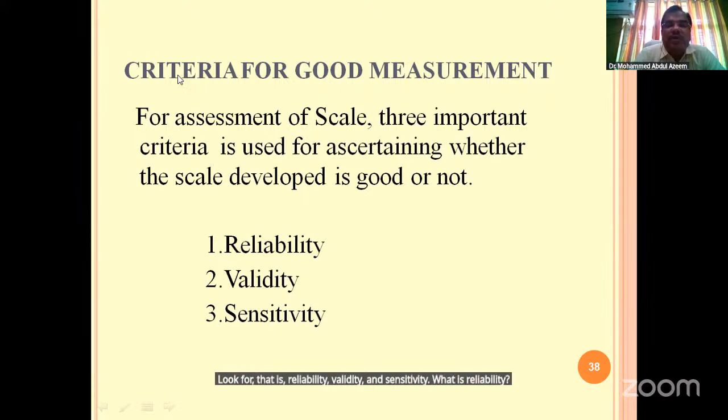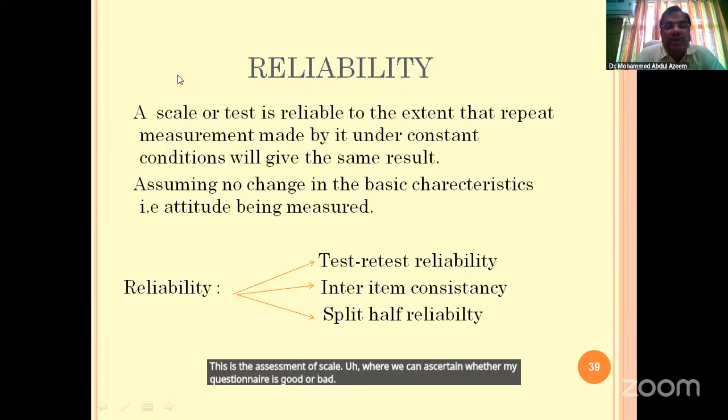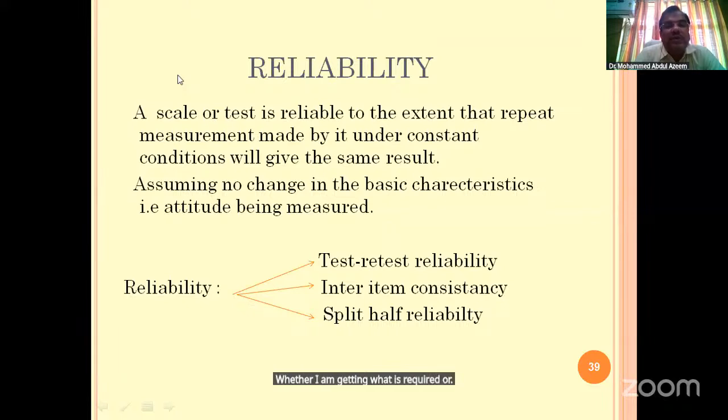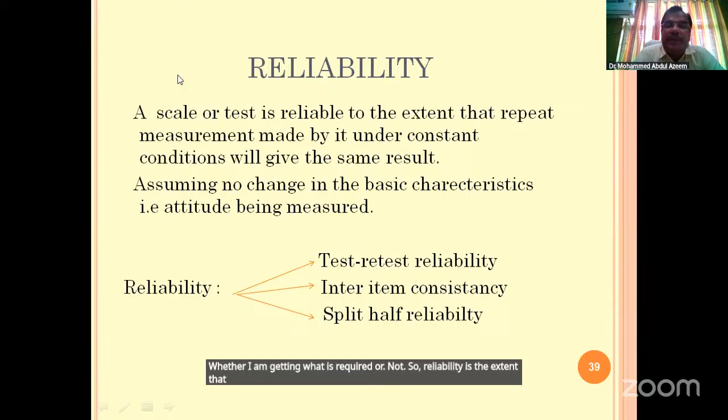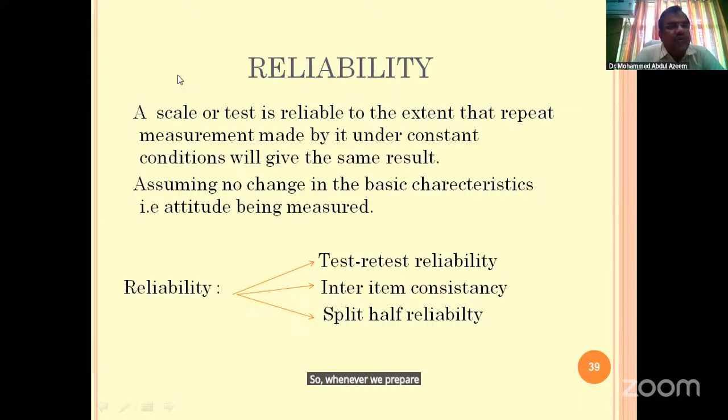This is the assessment of scale where we can ascertain whether my questionnaire is good or bad, whether I am getting what is required or not. Reliability is the extent that repeat measurement made by it under constant condition will give the same result. So whenever we prepare a questionnaire, we should be in a position to get the same type of answers if you ask n number of times under constant condition.